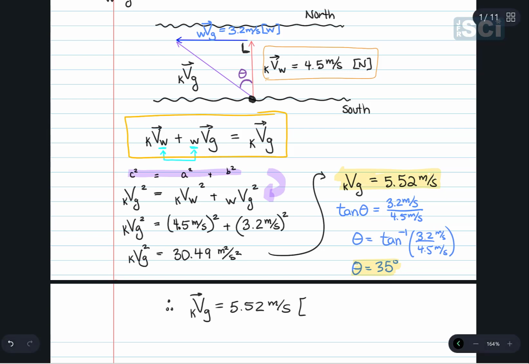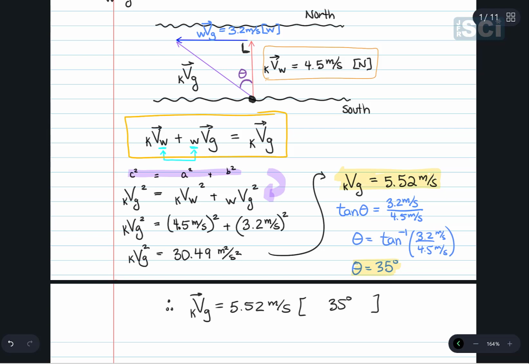Now let's give that direction. So the direction we know is 35 degrees. But relative to what? Well, in the picture, I start north. And then from the north direction, I'm rotating towards the west. So I start north and I rotate to west.